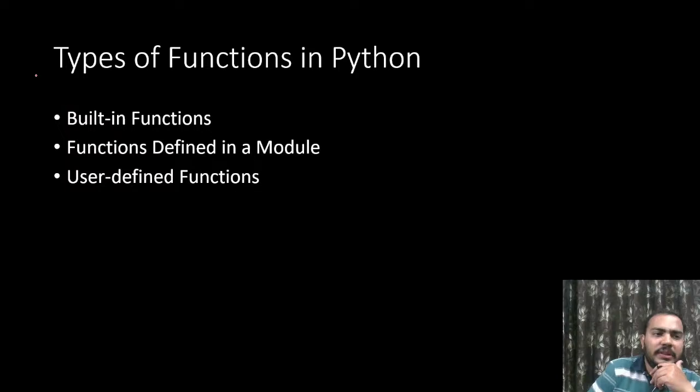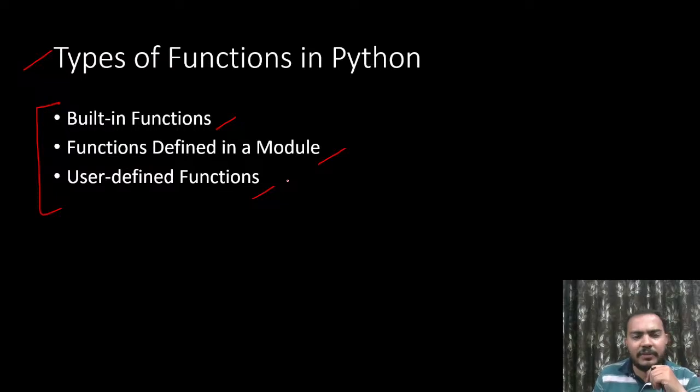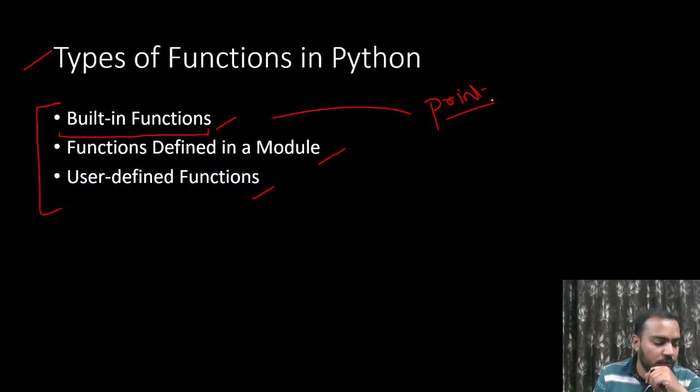If you talk about the types of functions in Python, we have three categories: built-in functions, functions defined in modules, and user defined functions. These built-in functions we have used in many scenarios. For example, we use the print function, right? Or we have a number of functions that we use for various operations while working with user data, or while letting our user print something on the display.